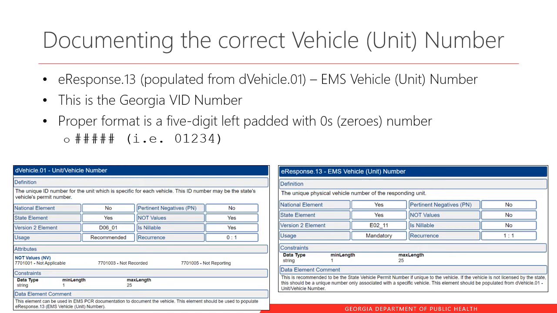But in that system that the agency has, if they have a different software vendor, then they have their own dVehicle.01 list, and they need to make sure and populate that with the correct number system, right? And so in Georgia, the correct numbering system for VIDs is a 5-digit left-padded with zeros number, okay? So like 0, 1, 2, 3, 4. Again, that is not the capital letter O, it is a 0.